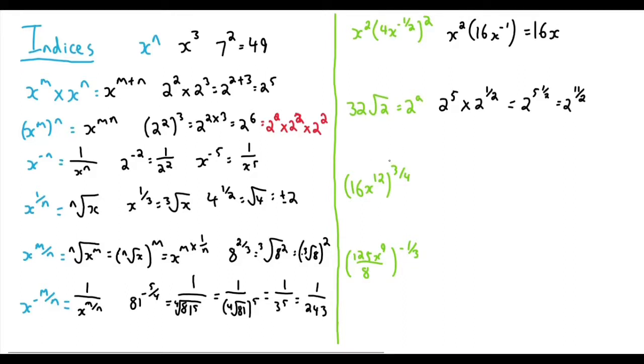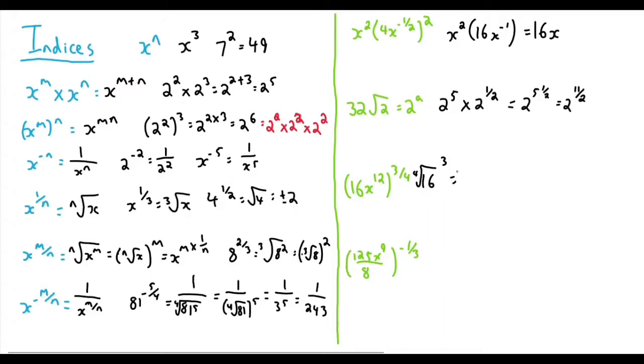Thirdly, like we had up here, we're going to apply the power to the number first and then do it to the letter. And because we have both a numerator and a denominator, we can consider one at a time. I'm probably going to consider the denominator first, so I'll think of this as the 4th root of 16 and then I'll apply that cube afterwards.